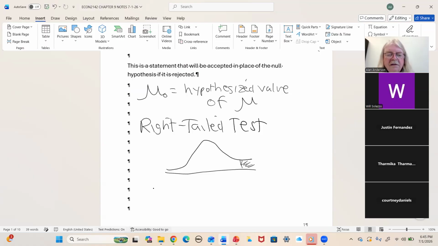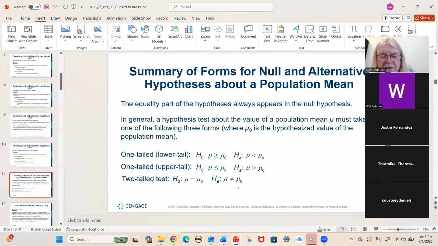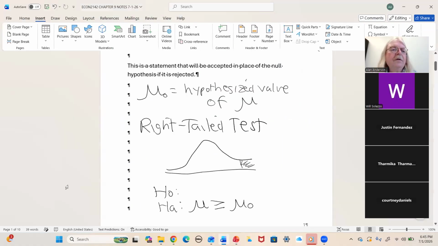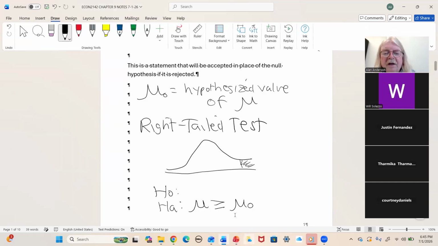The null and the alternative are set up in such a way that the alternative will be mu is greater than or equal to the specified value. Okay, so you can see it's right here. Oh, whoops, sorry, I did this incorrectly. This should be strictly greater than. Hold on. Well, it has to include everything else.